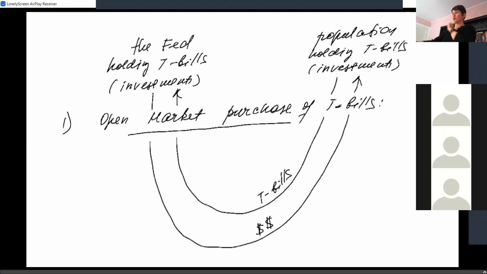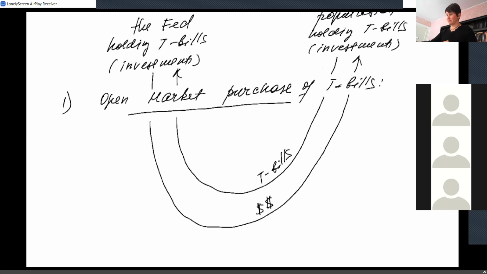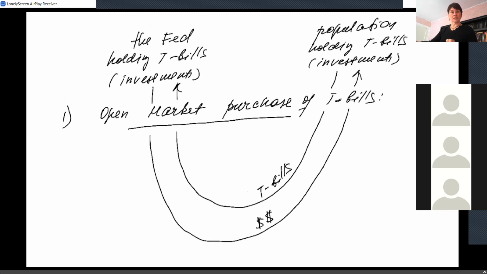Okay? Through open market purchase, the Fed buys treasury bills that the general public are currently holding. If you sell some of the treasury bills to the Fed, you will get a check in the mail saying, pay to the order of Professor Melkumen the amount of, say, $5,000.